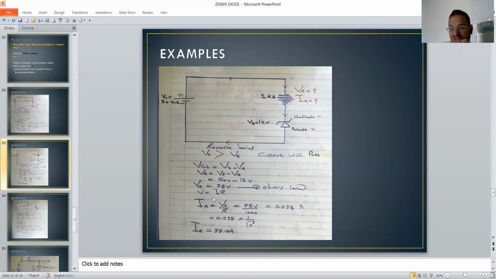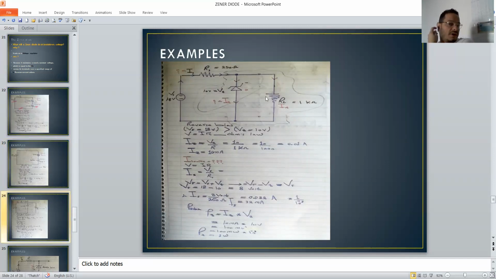V equals current times resistance, so the current at this resistance equals the voltage at the resistance divided by the resistance. 38 divided by 1000 equals 38 milliampere. Here, ampere times 10 to the minus 3, that is 38 milliampere.